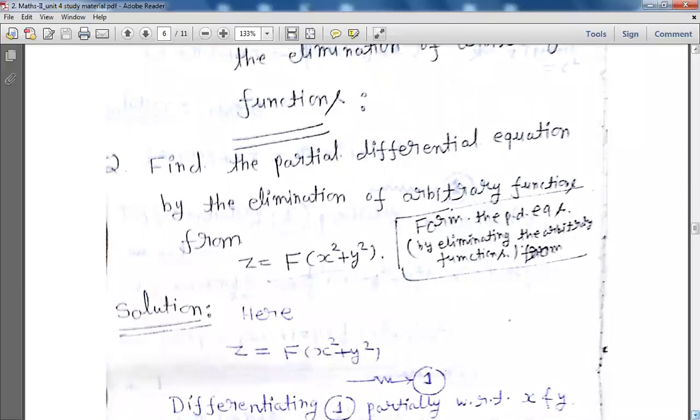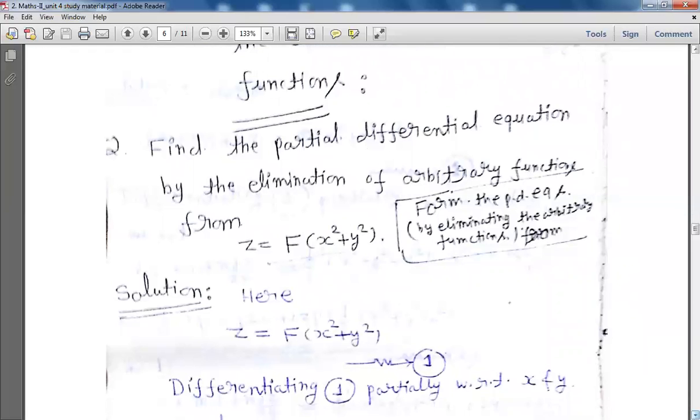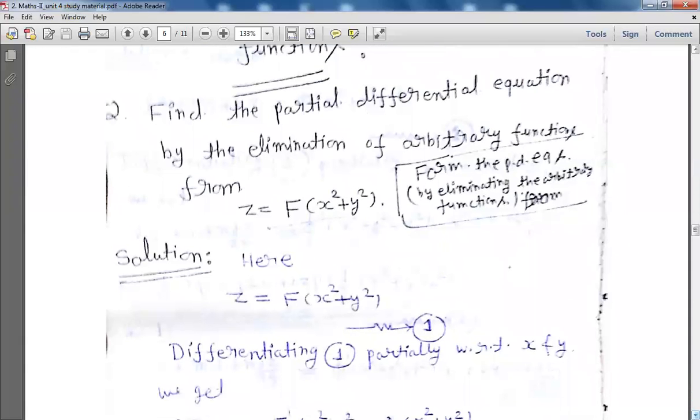First problem, find the partial differential equation by the elimination of arbitrary functions from the relation z equal to f of x squared plus y squared. The right hand side, f of x squared plus y squared, is the arbitrary function. You can replace f by any one of the functions, trigonometric, exponential, and other types of algebraic functions.